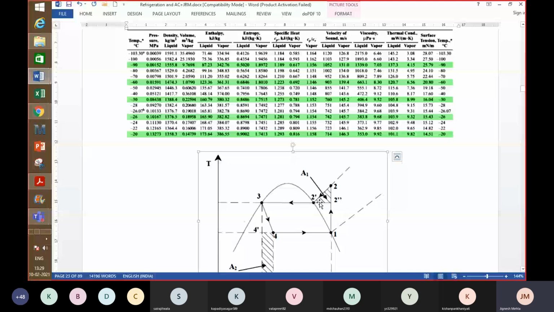It achieves a temperature of 39.39 degrees Celsius at point 2 dash, and then the conversion of vapor into liquid starts, and the temperature as well as pressure remains constant at 39.39 degrees Celsius.